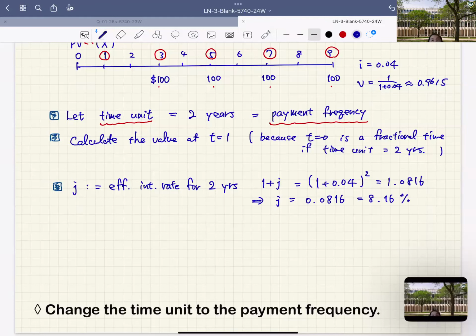If we change the time unit, we have to use this interest rate. So here again, this is year.